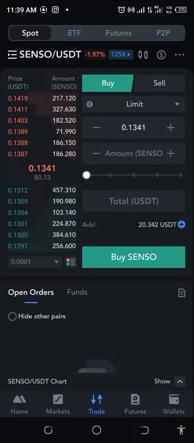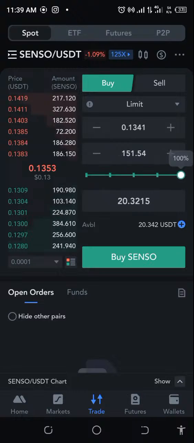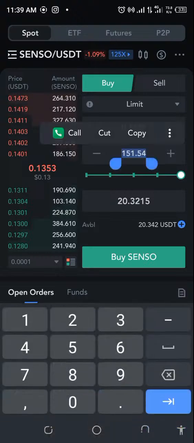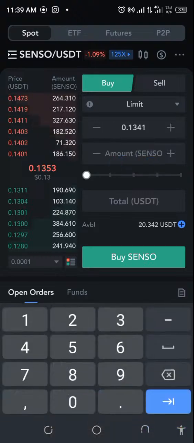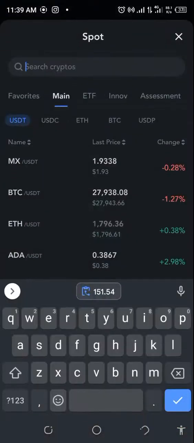And what do we have here? We've got Senso USDT. Okay, so now let's try this out with the basic simulation, and then we'll see whether we can get this going. We have 151.54. Okay, let's copy that, and then quickly change this to Senso BTC.